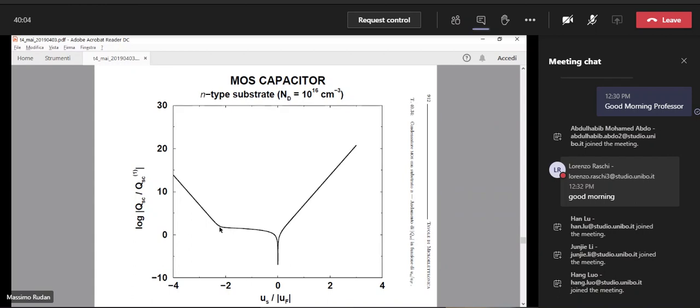Then we reach near the value -2, we reach the threshold of strong inversion, and then when we keep increasing the modulus of the surface potential, we have the strong inversion condition. Strong inversion for the n-type substrate means that we have a layer of holes near the surface.